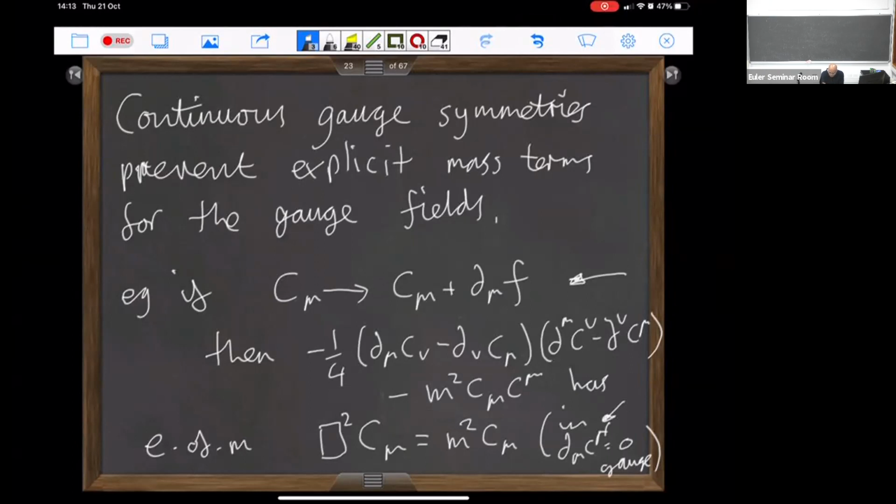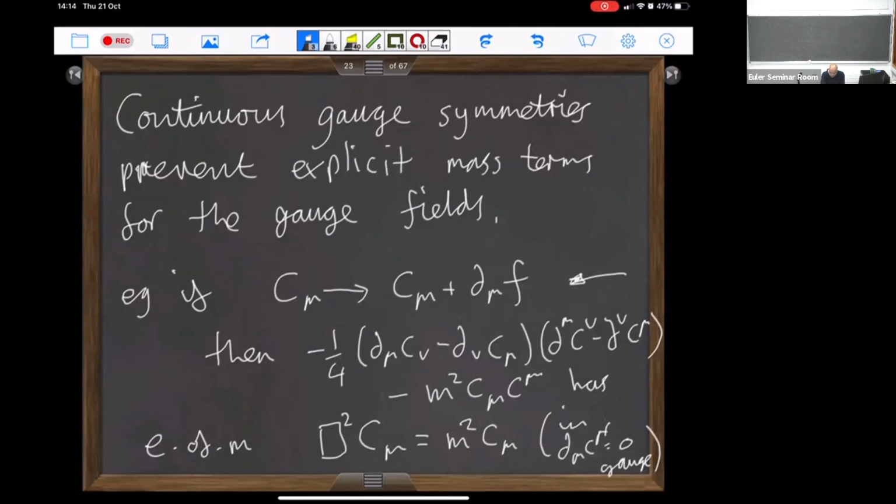So I apologize for that, but it's just terminology anyway. So in this gauge, the Euler-Lagrange equations for this Lagrangian are just the massive Klein-Gordon equation for the components of the gauge field. That's why the mass term looks the way it looks.